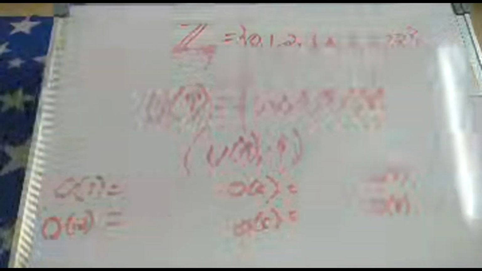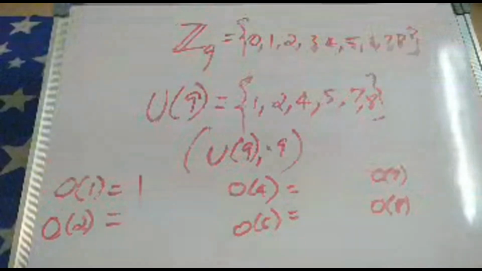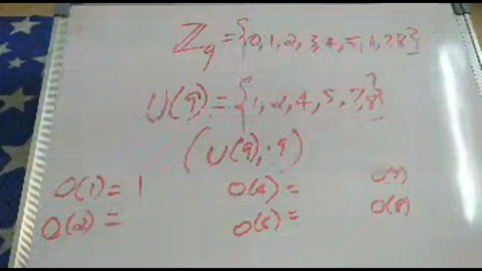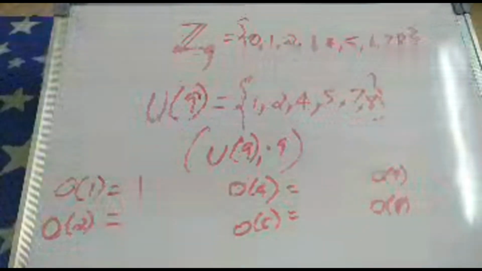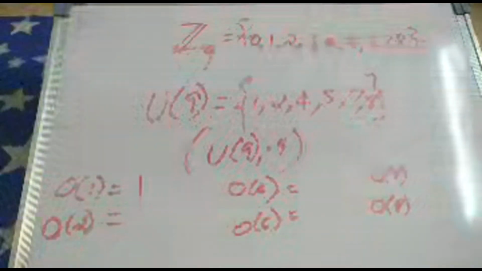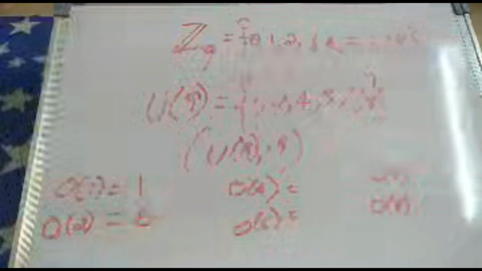So can you please tell me what will be the order of each element here? Order of 2, 4, 5, 7, 8. Order of 2 is, so it happens to be 6.